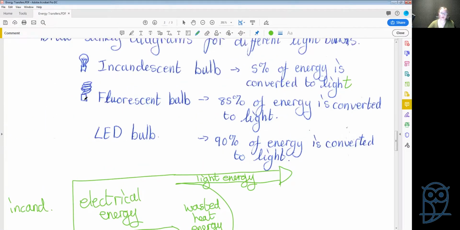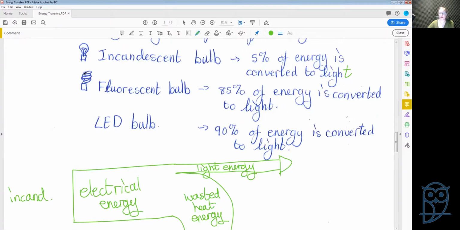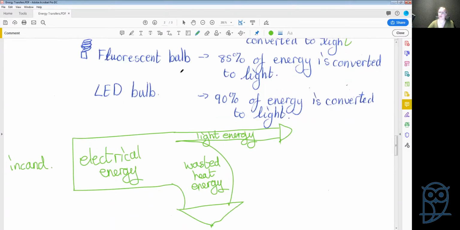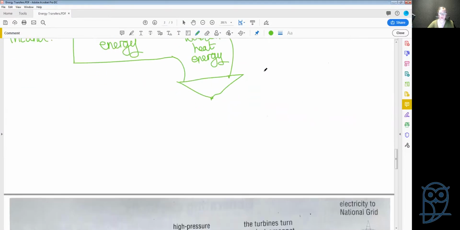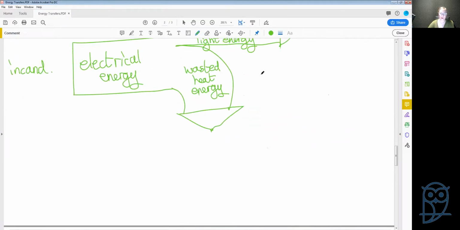Then we've got our fluorescent bulb. Those are the ones that have that little glass tube with gas in it. 85% of the energy in a fluorescent bulb is converted to light. The rest of it is converted to heat. So if we look at a fluorescent bulb, then they look slightly different. We've got over here our input energy. Then we have our output energy over here, but that is 85%. So that looks slightly different. Just erase this so we can do that properly.